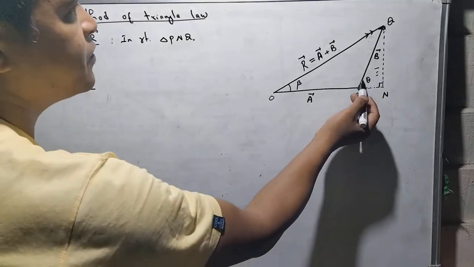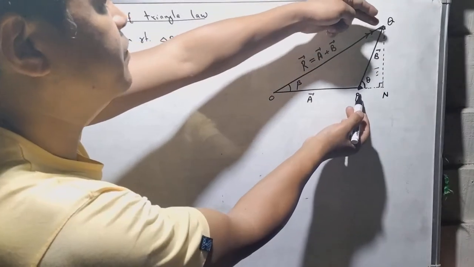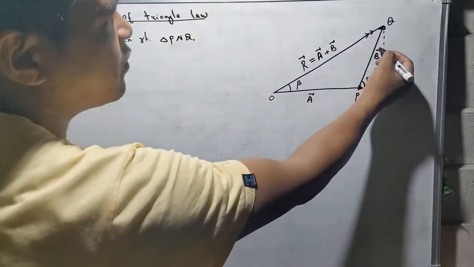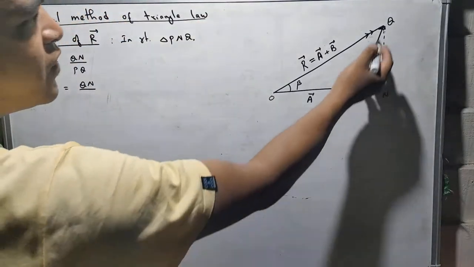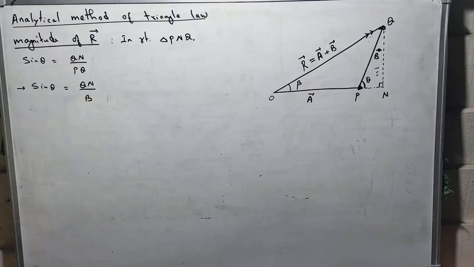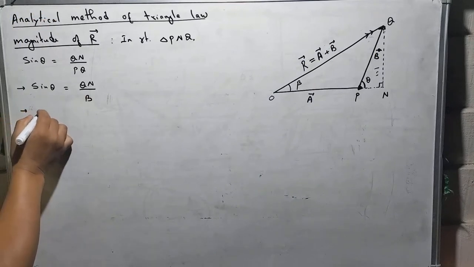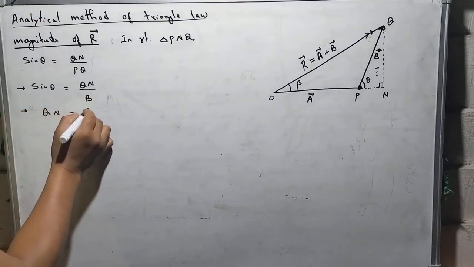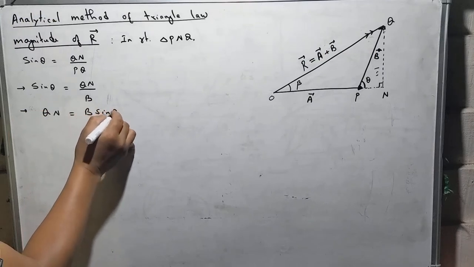How much is PQ? When I say PQ, it means the magnitude of this vector B. So for the magnitude, we write only B. So QN is equal to B sine theta.